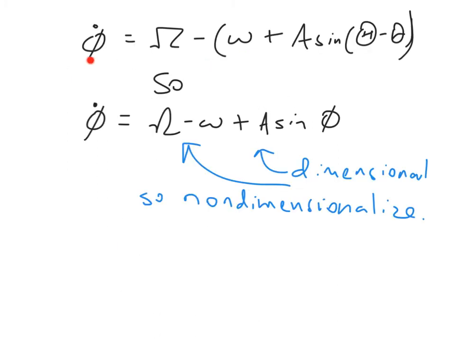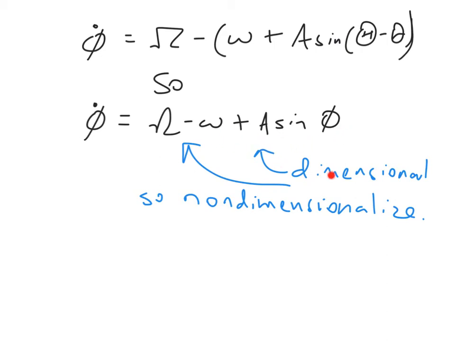So the equation for this difference is phi dot is equal to the angular velocity of the first minus the angular velocity of the second, and that works out to the difference of the two natural frequencies plus this A sine phi term.